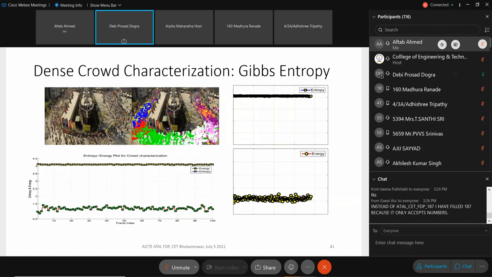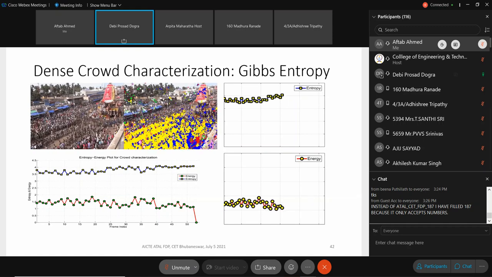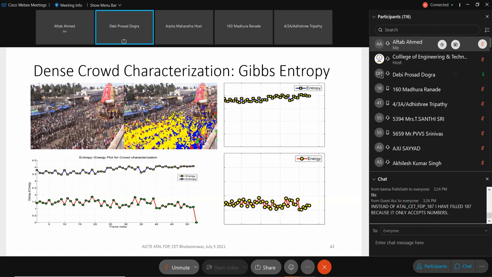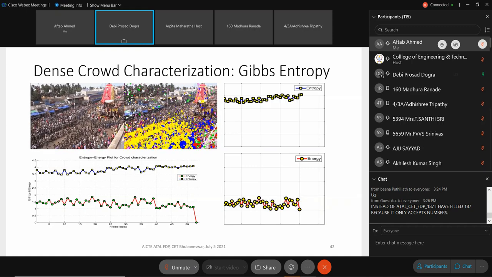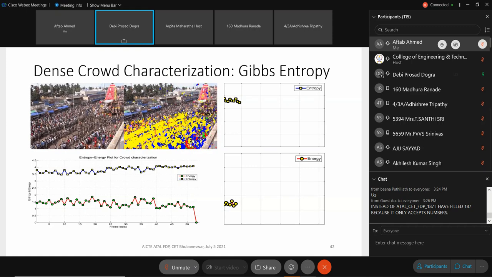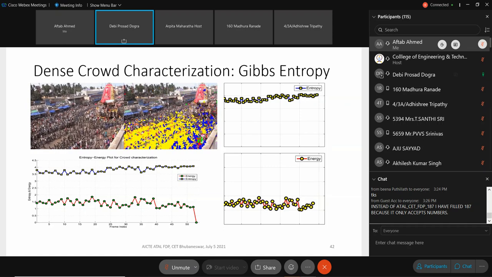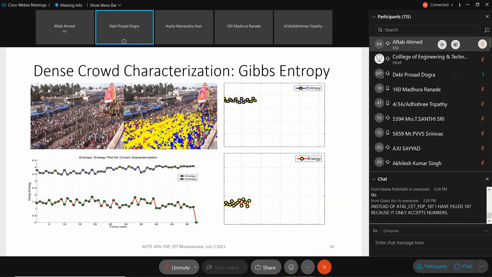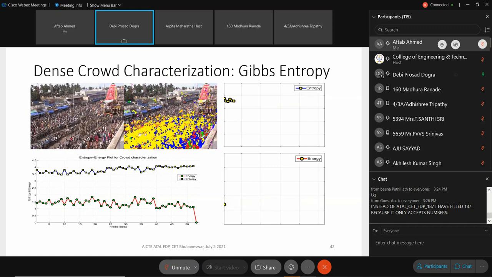Now let us see how it is for a crowd like the Rath Yatra crowd, where you can see that entropy is varying a lot and energy is also varying a lot. So these variations provide us the type of crowd that we are dealing with. This is a preliminary observation.